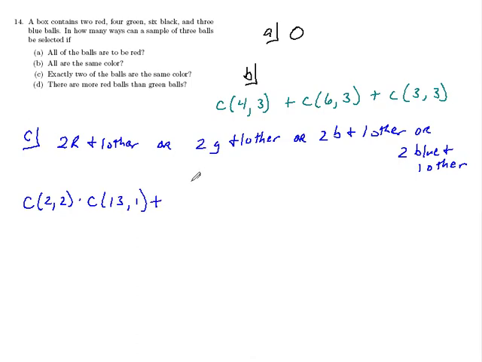Or 2 green, combination 4 choose 2. Count the ones that are not green. 6 and 3 is 9, and 2 more makes 11. Or 2 black.